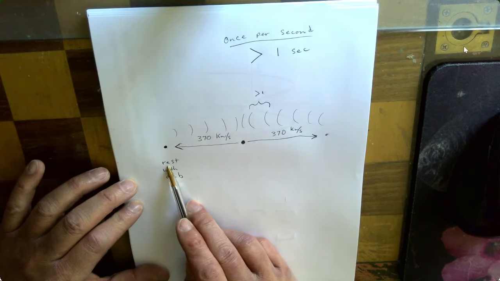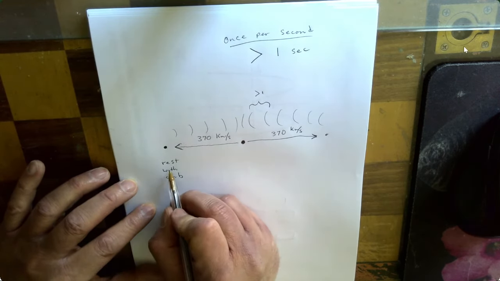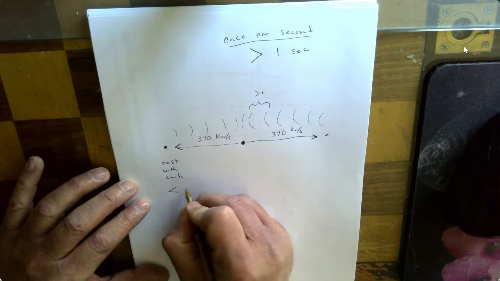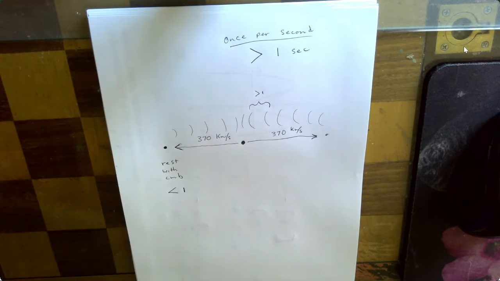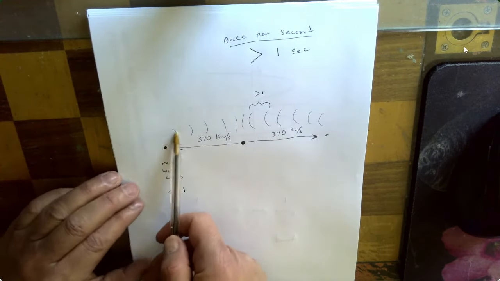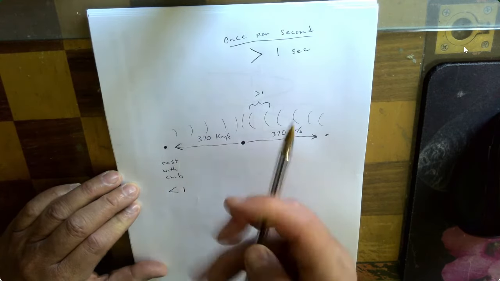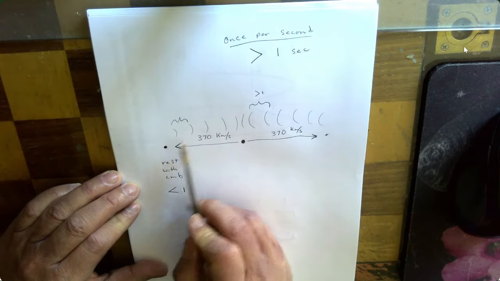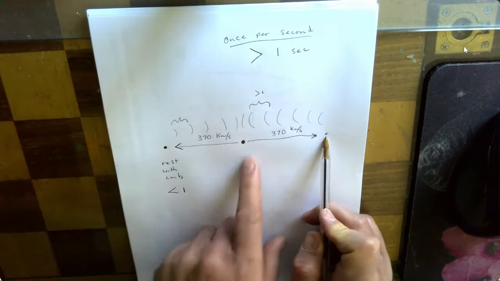Time would speed up relative to Earth. And so because of that, it would be slightly less than 1 second, because time is speeding up. And so the amount of time between each beat coming from this probe should be less than that coming from this probe.